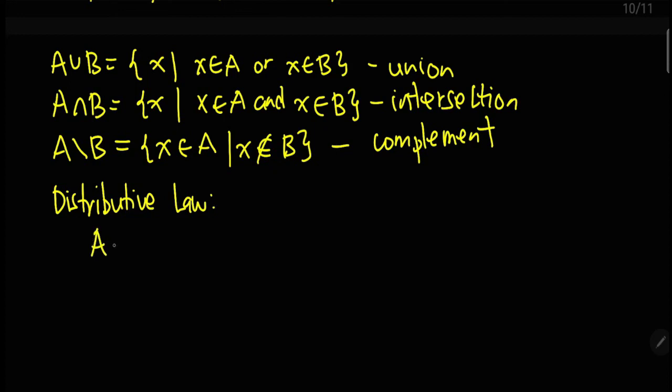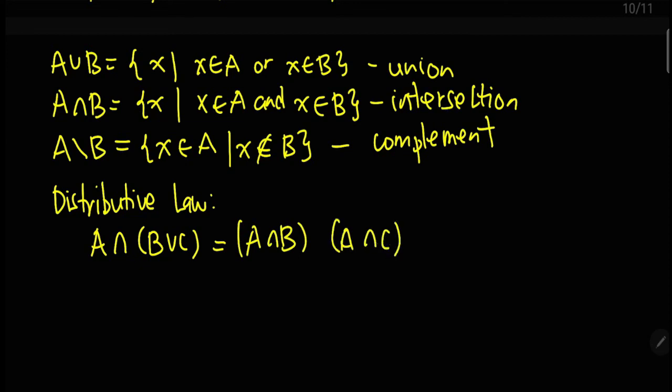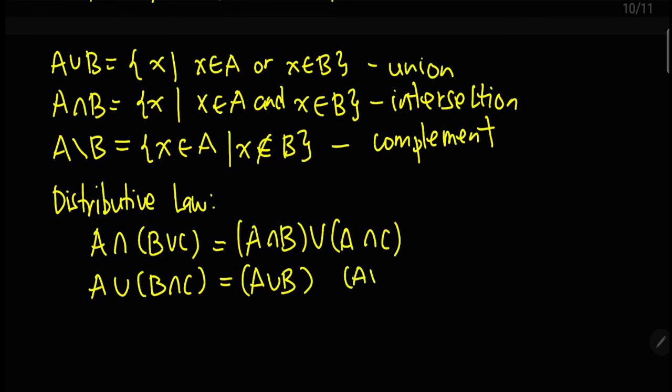That means if you have A intersection B union C, you can distribute intersection in union. So that's A intersection B union A intersection C. You can also distribute union. So A union B intersection C is the same as A union B, and distribute union, A union C, in the intersection.